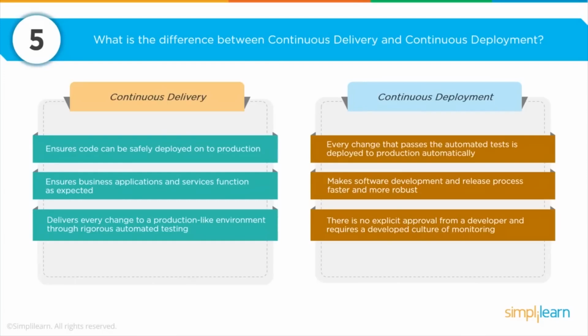Continuous deployment, in contrast, is all about ensuring that you're automating the deployment of a production environment. So you're able to go through and scale up your environment to meet the demands of both the solution and the customer. This makes software development and release processes much faster and more robust.